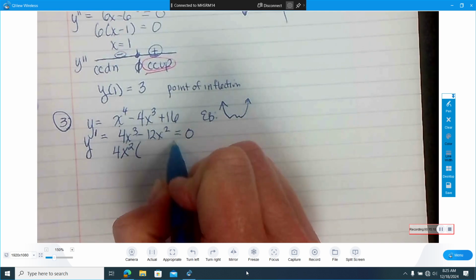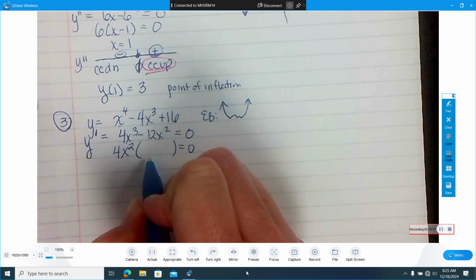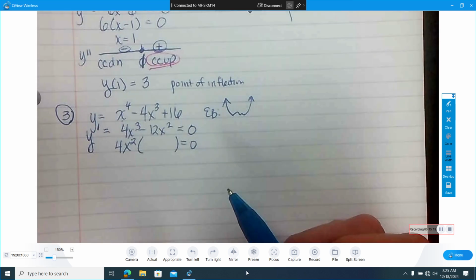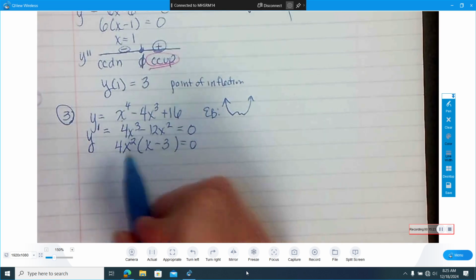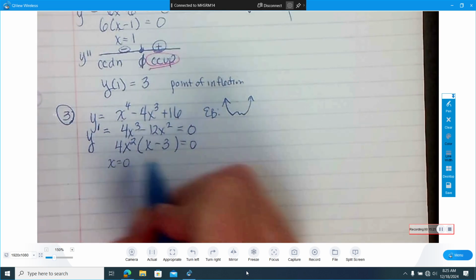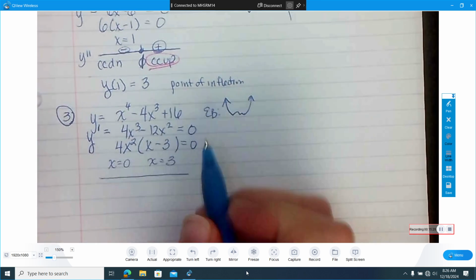Which leaves behind what? x minus 3, good. I'm going to set each thing equal to 0. We get x equals 0, and here we get x equals 3 for our critical numbers.